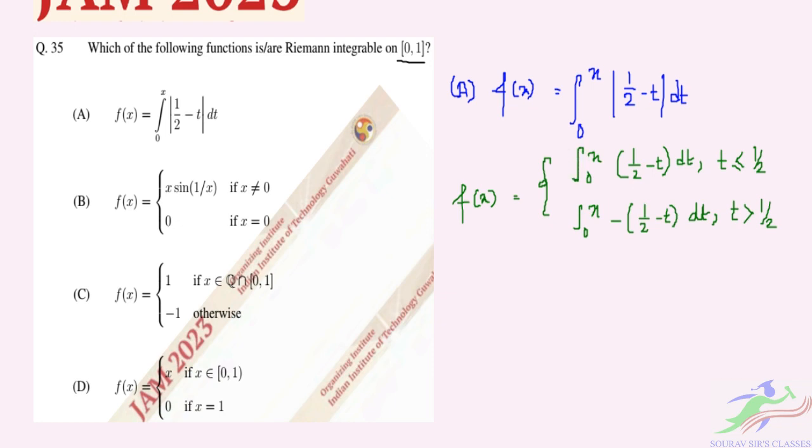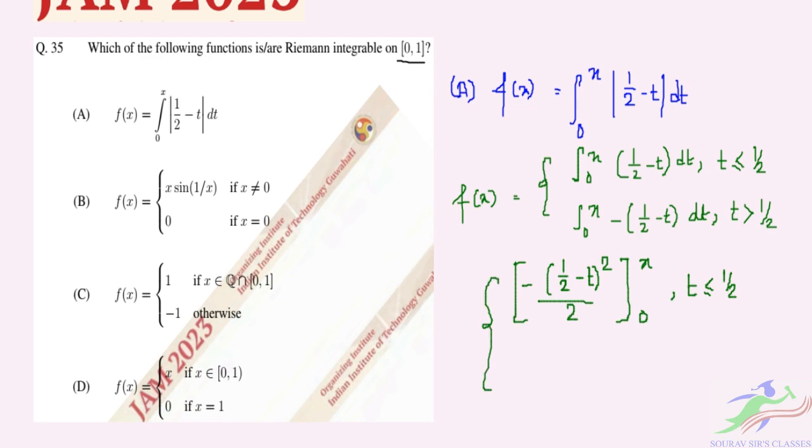For the first case, we will have minus of (half minus t) whole square by 2, from 0 to x, for t less than or equal to half, and that is going to be f(x).